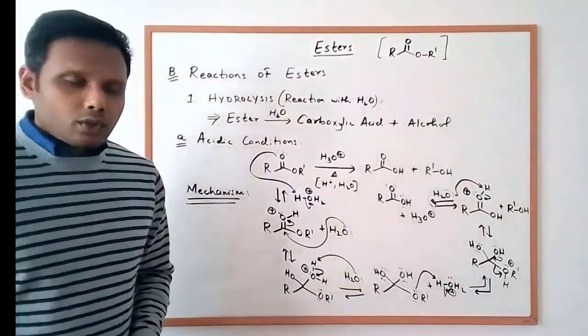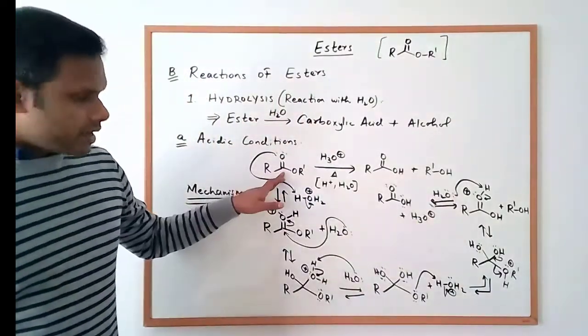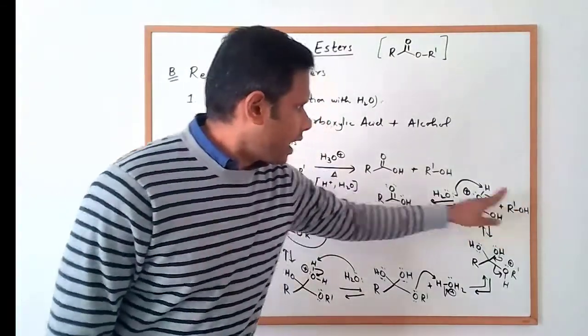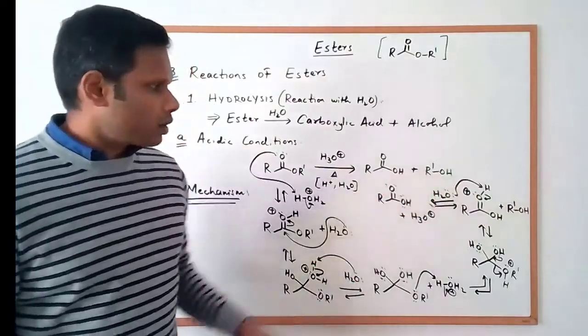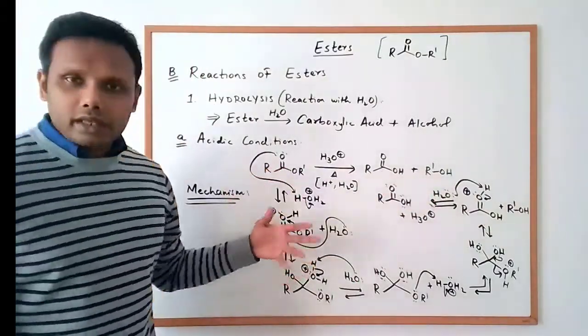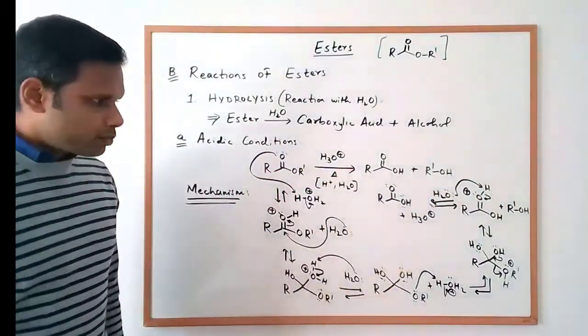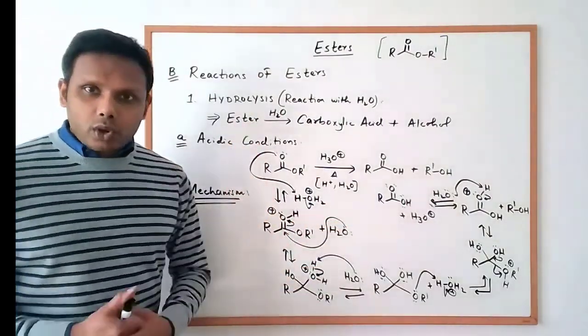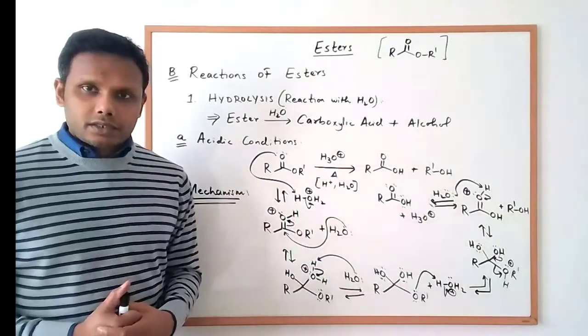So if you notice, overall, we've converted the ester into a carboxylic acid and the alcohol, so the products that we've drawn here. And we've added overall a molecule of water in that process. So that's the mechanism of an ester hydrolysis under acidic conditions.